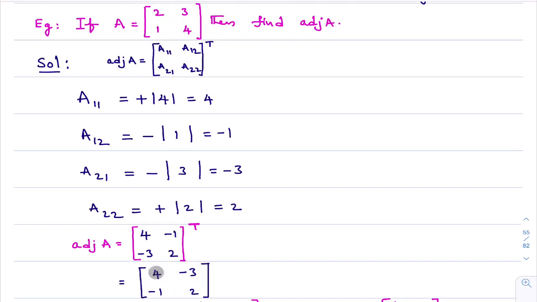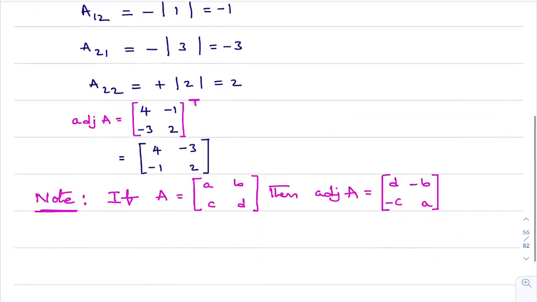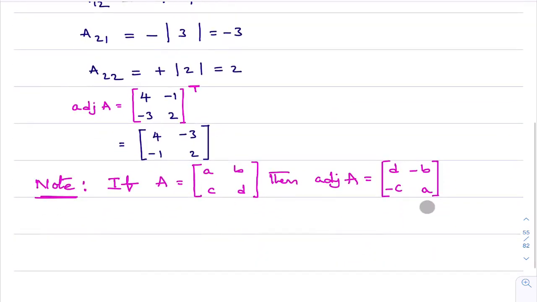Look here, 4, 2 is there, so interchange to 2, 4. Now change the sign. Here plus 3 is there, so minus 3. Here plus 1 is there, so minus 1. Like that, for a 2 by 2 matrix, calculating adjoint A is very easy. This trick does not work for a 3 by 3 matrix. This trick works only for a 2 by 2 matrix.